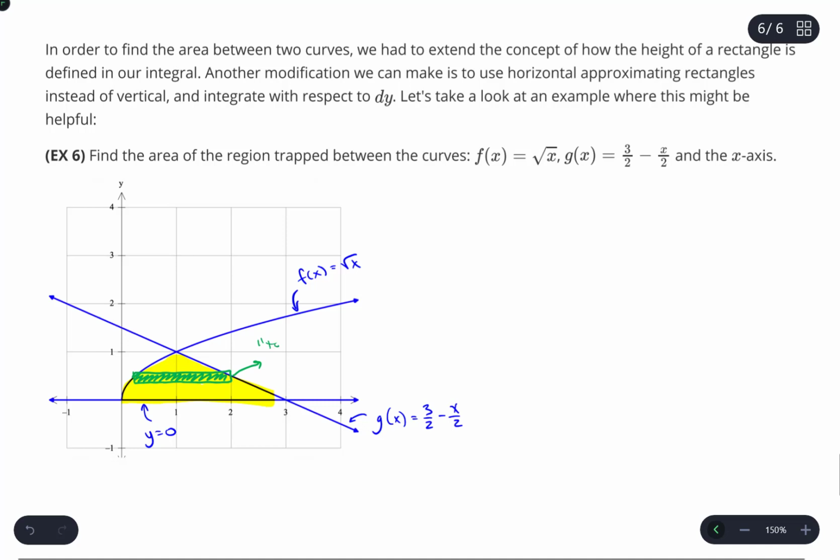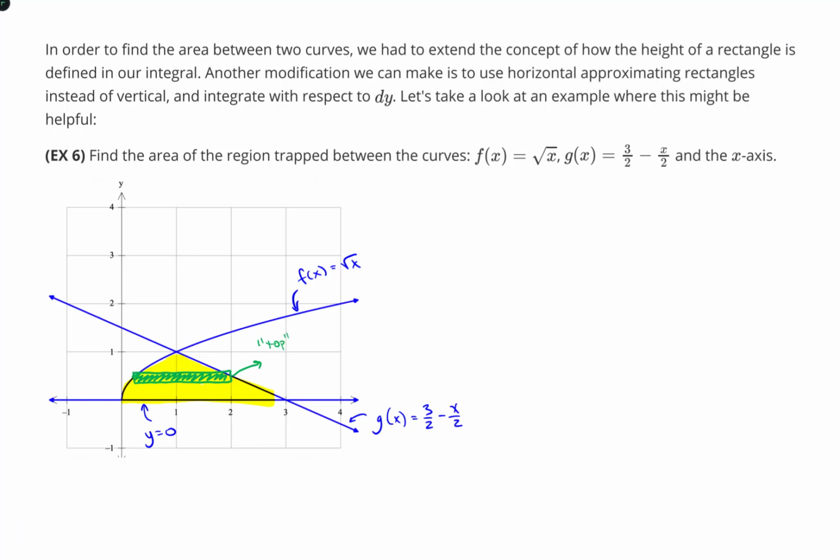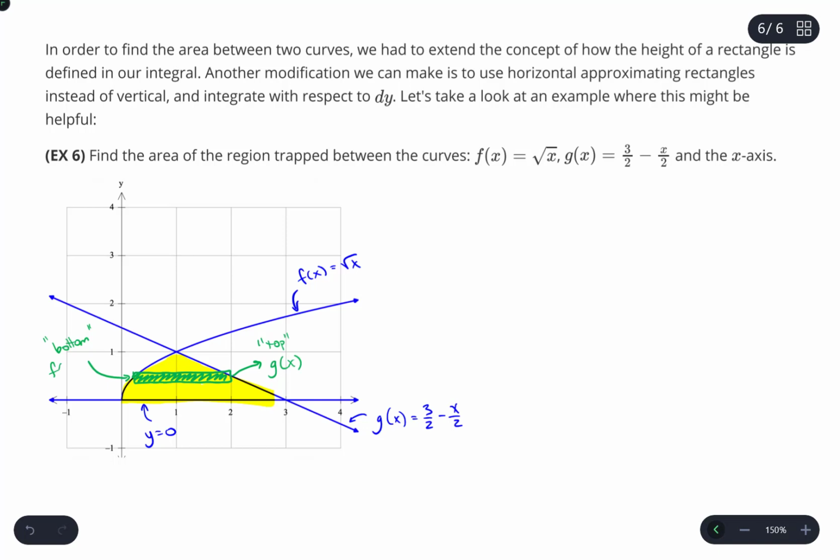So I'm going to put that in quotes, the top of the rectangle. But the nice thing is, on this entire interval, the top of the rectangle is defined by the line, which is g of x. And then down here, the bottom of the rectangle is entirely defined by the function f of x.